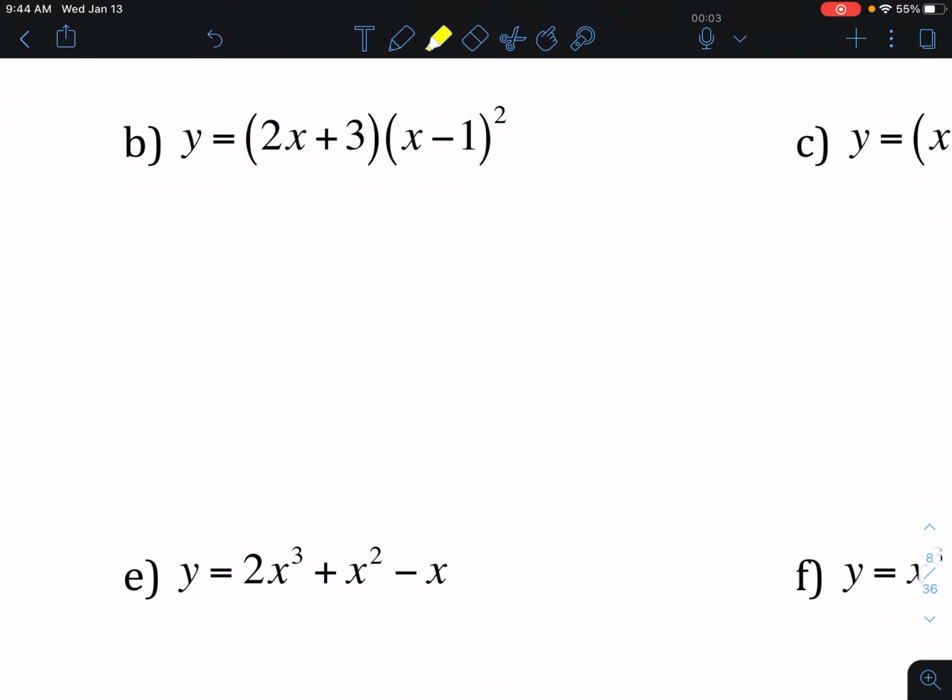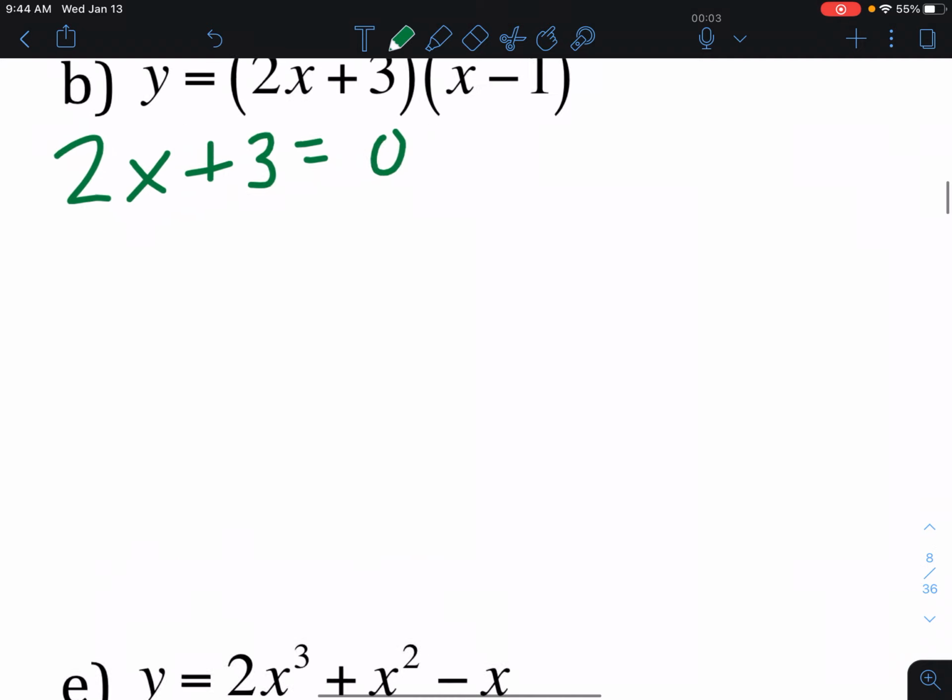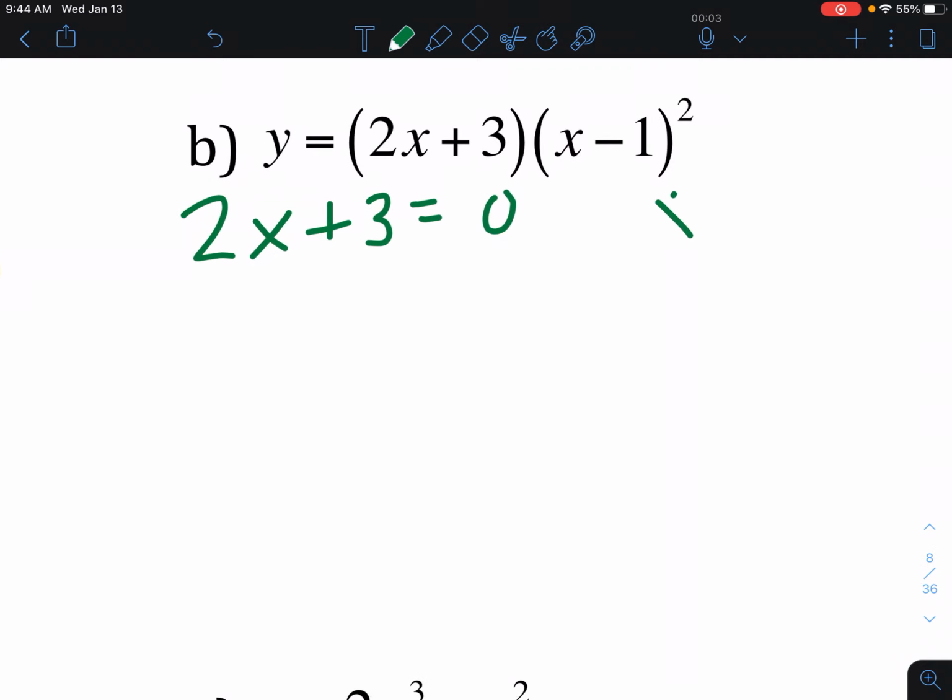Okay, letter B is another one that's factored for us already. So we can go right to solving. Set it equal to 0. Now the second one has a squared to it. Don't worry about that. You can pretty much ignore that. That's just saying the x minus 1 repeats.